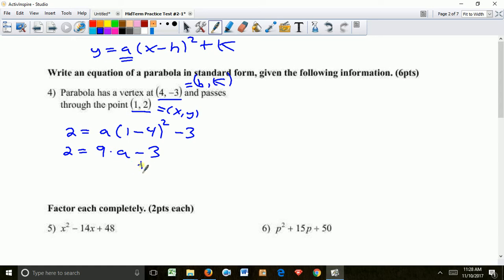You can add 3 to both sides of your equation and get 5 is equal to 9 times a. Divide both sides by 9 so that the value of a is 5/9. So in vertex form, you get y is equal to 5/9 times x minus 4 squared minus 3.